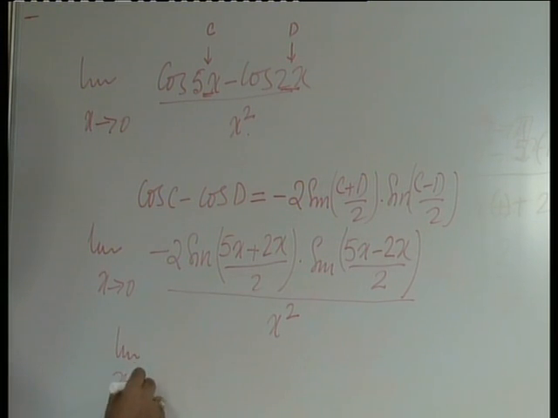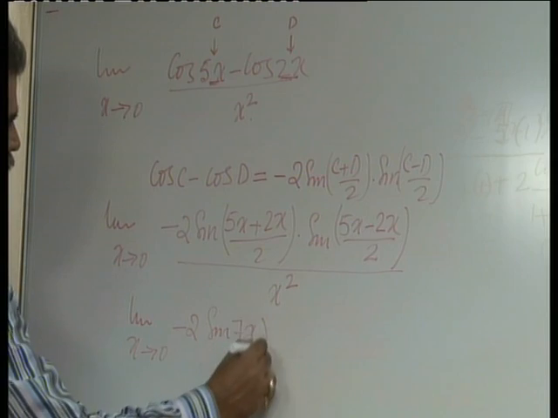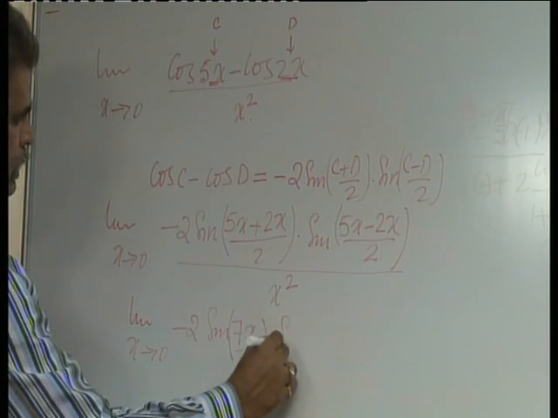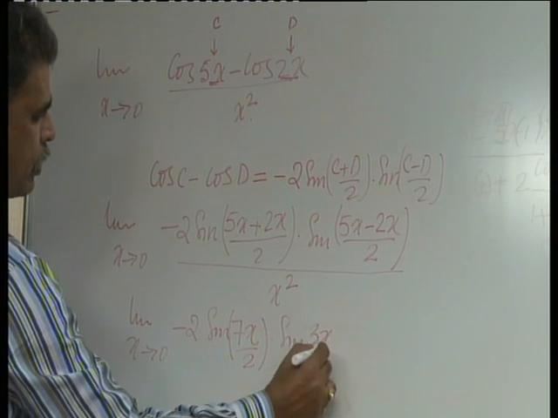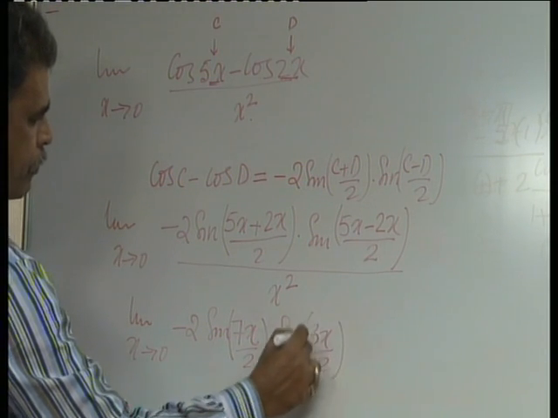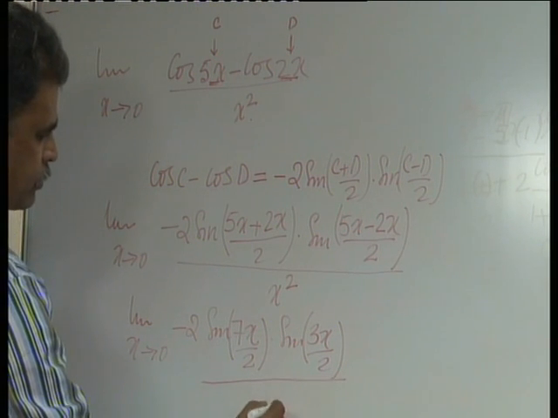Limit as x tends to 0 of minus 2 into sin 7x by 2 into sin of 3x by 2, since 5 minus 2 is 3, all divided by x square.